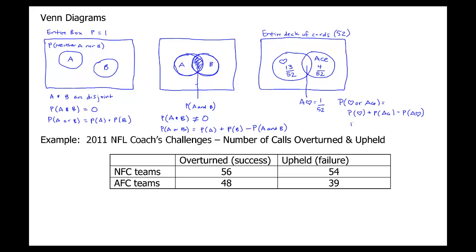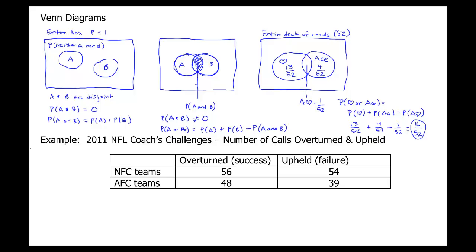So that would be 13 out of 52 plus 4 out of 52 minus the overlap, which is 1 out of 52. And 13 plus 4 is 17, minus 1 is 16 out of 52 would be our probability for drawing a heart or an ace out of the deck of cards.